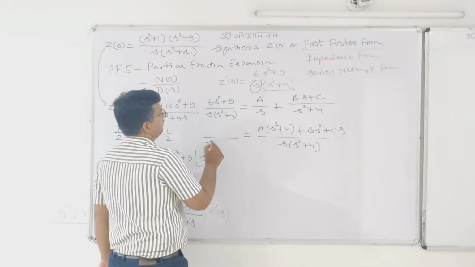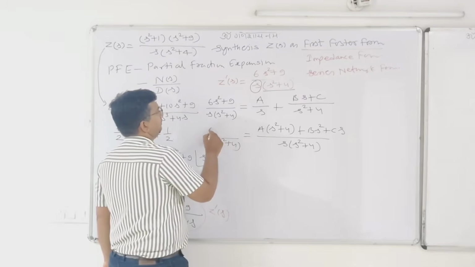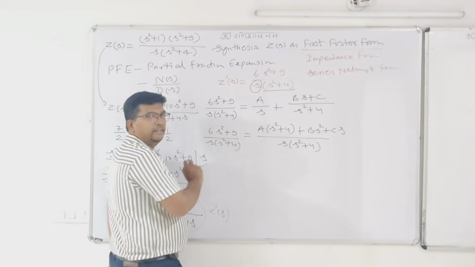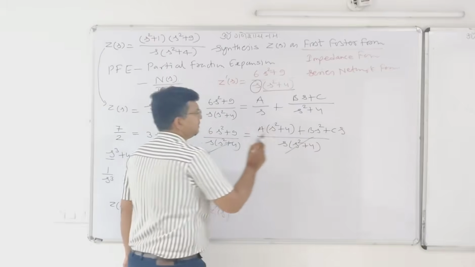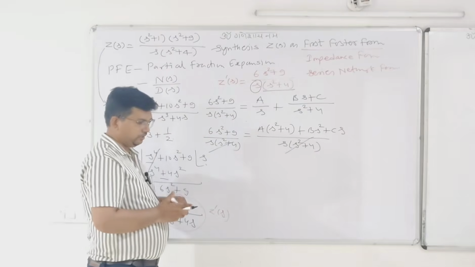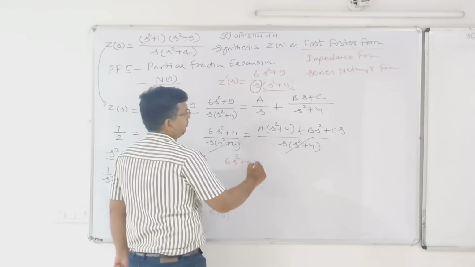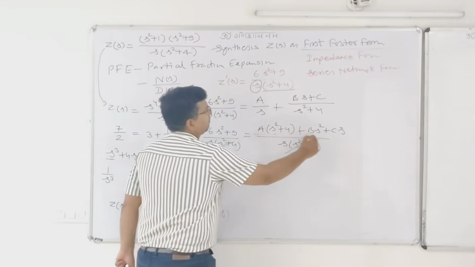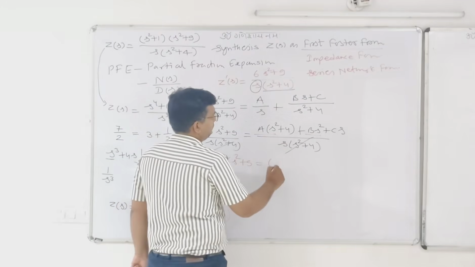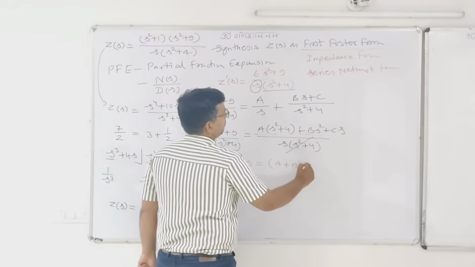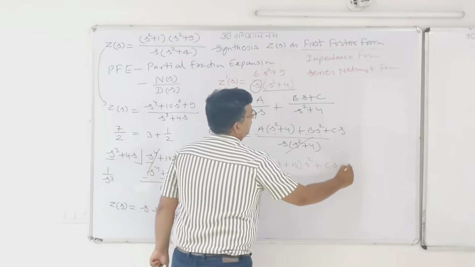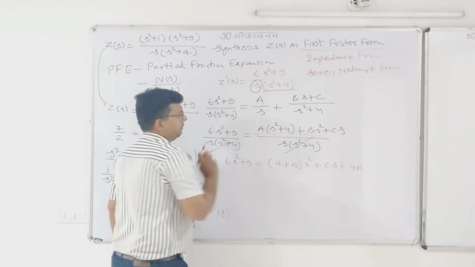Now here the denominators on the left hand side and right hand side are the same, so we will cancel them out. Now we will open the bracket and take common terms: As^2 and Bs^2. The term becomes (A + B)s^2 + Cs, and this becomes 4A.